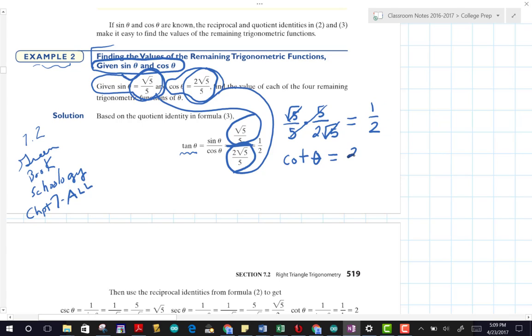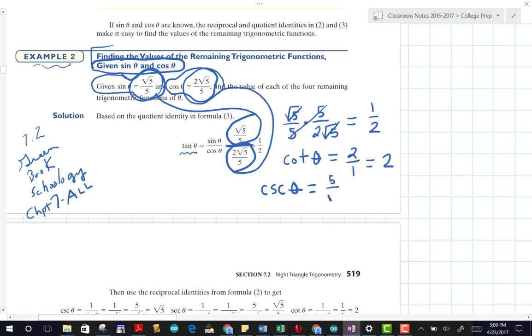Cosecant is the reciprocal of sine. And so since our sine is square root 5 over 5, we're going to take the reciprocal of that, and we'll have 5 over root 5. Sometimes MyMathLab asks you to rationalize this, right?